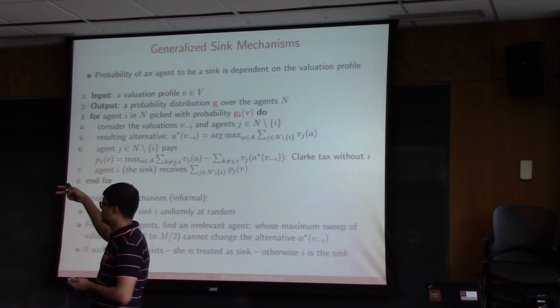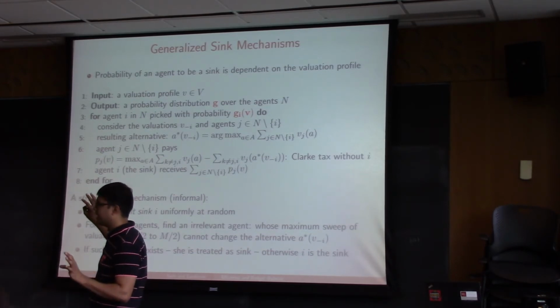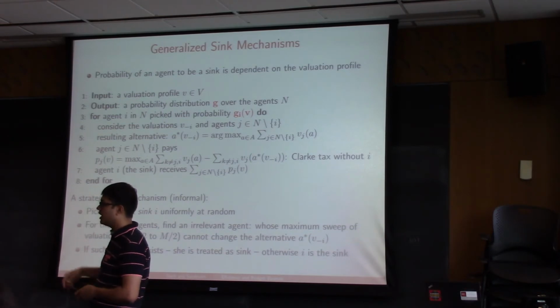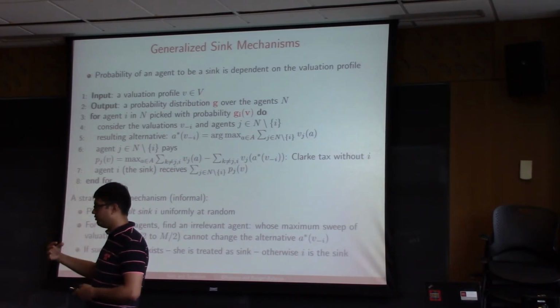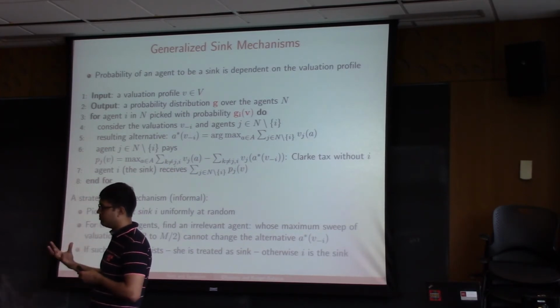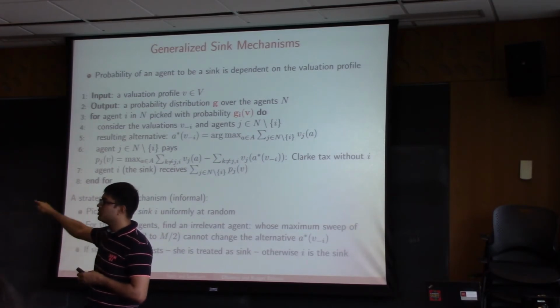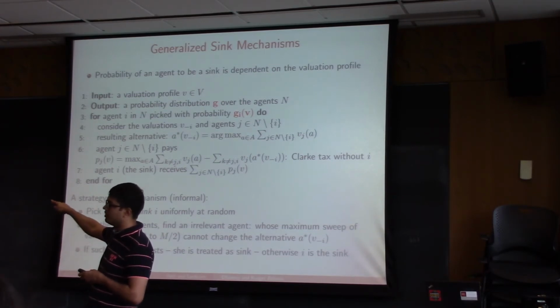The first two lines are not part of the mechanism. It's just saying what is the input and what is the output, and this is how I am picking this output g: given the valuation, I'm deciding whether to make agent 1 sink with probability g_1(v), say.